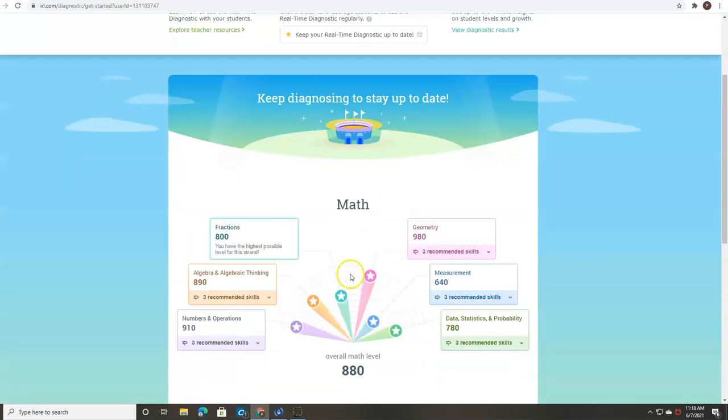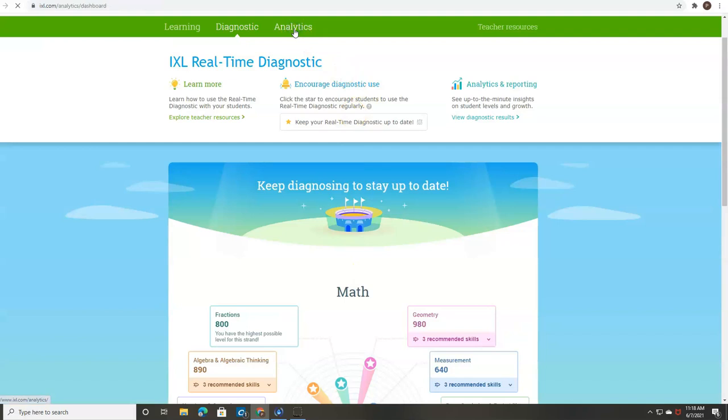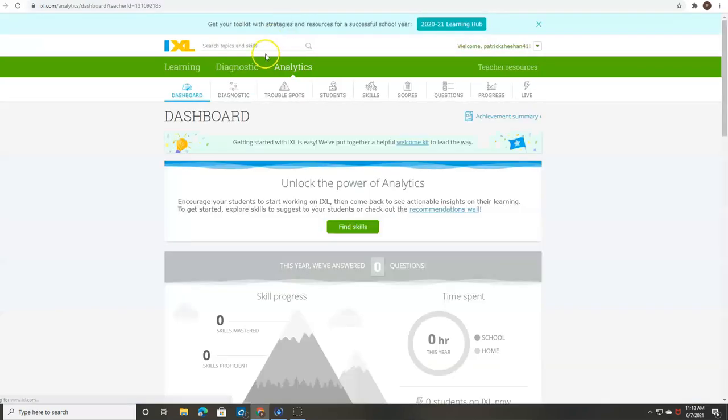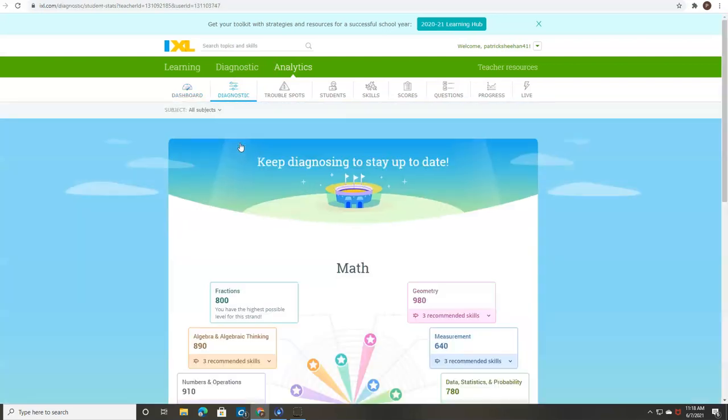Brought us back to the same page. All right, again, just keep that in mind. If you feel like, oh no, I did something, no, a lot of this brings you back to the same page. So again, that was analytics, diagnostic, student action plan. Brought me back to the same page as if I just click diagnostic.